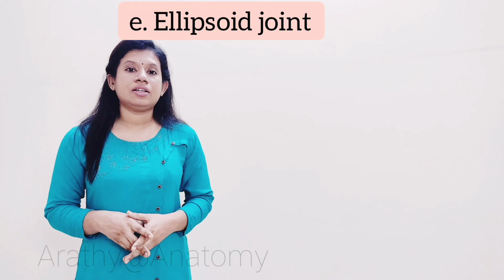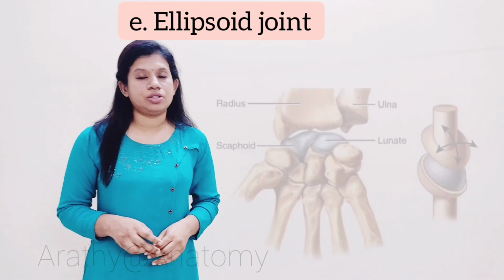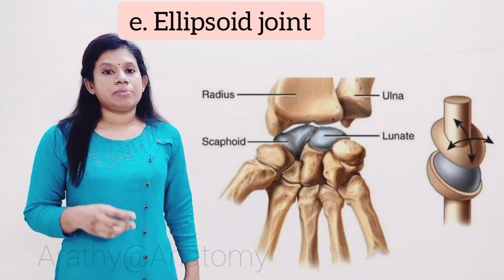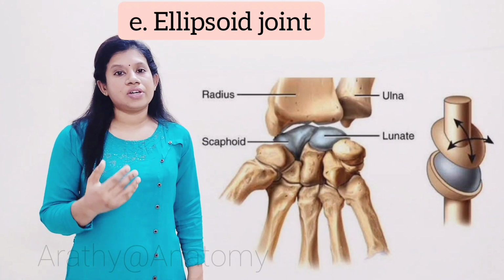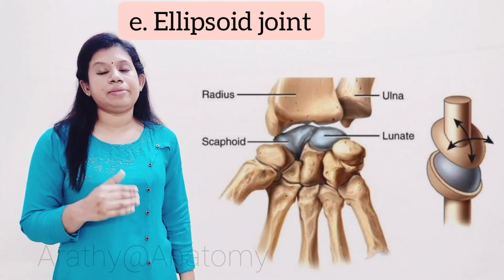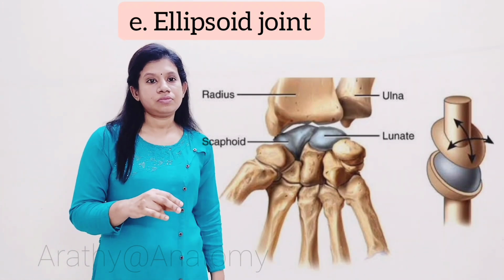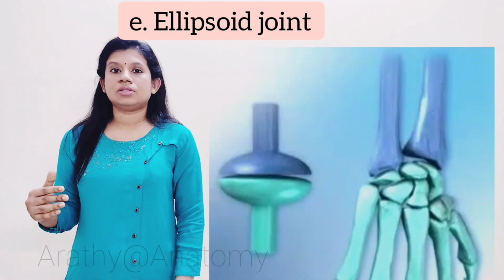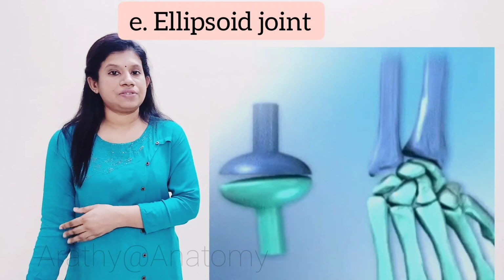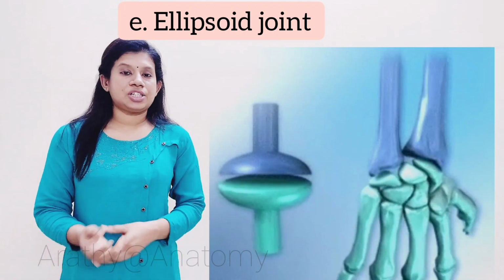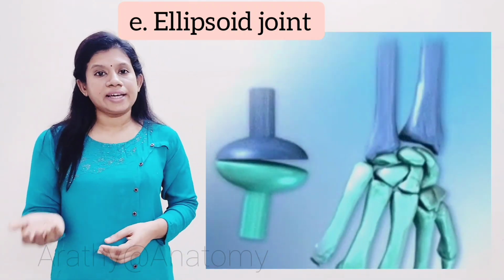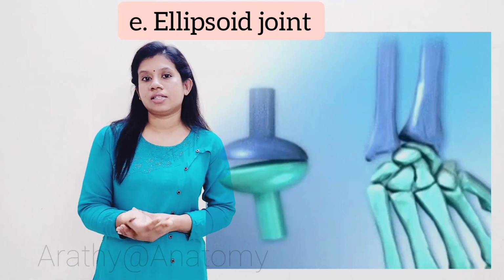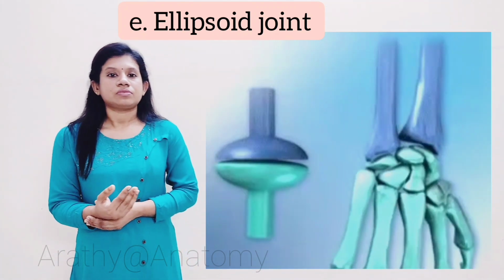Now moving on to the next one, that is called the ellipsoid joint. Ellipsoid joint mainly consists of an oval convex surface fitting into an elliptical concave surface. Here, movement occurs around the transverse axis, that is flexion and extension, and around the anteroposterior axis, that is abduction and adduction.